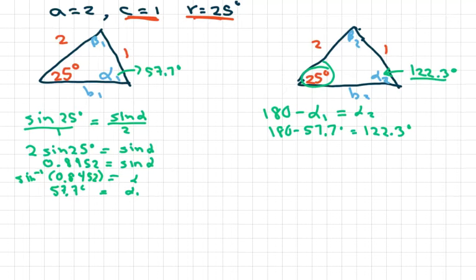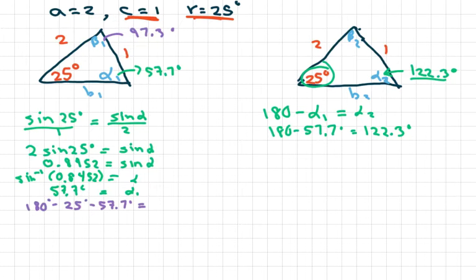So you subtract to get beta 1. You subtract 180 minus 25 minus 57.7 degrees, and that's going to give you 97.3. And then you have to find b1.